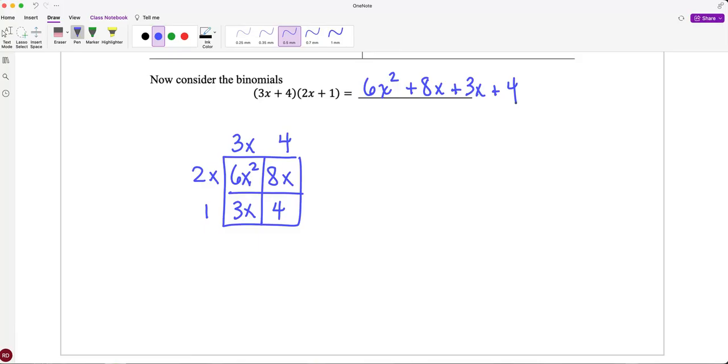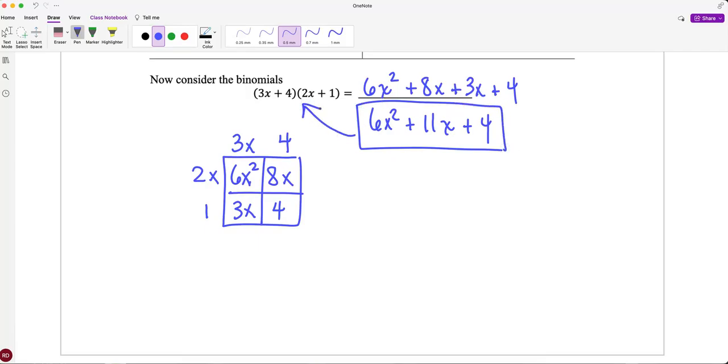So if I look at this, this is 6x squared plus 11x plus 4. Now I've got to figure out, how can I go from something like this back to the factorization? What's different here is there's not a common factor other than 1, so I really can't factor out the 6 to get down to an x squared term.